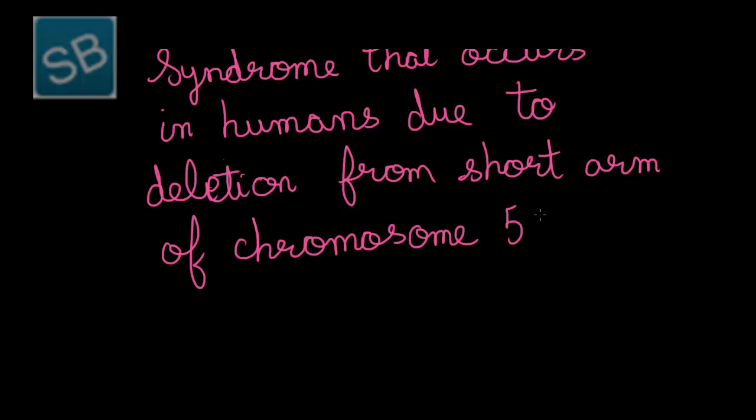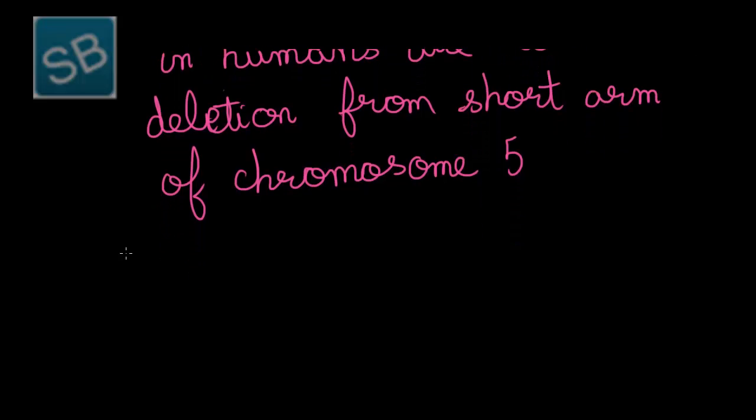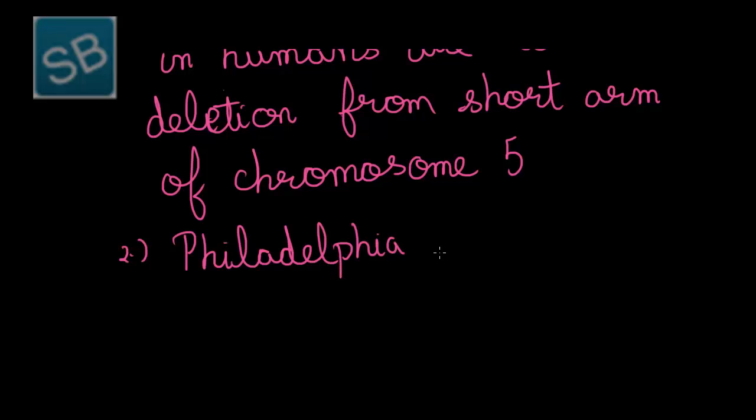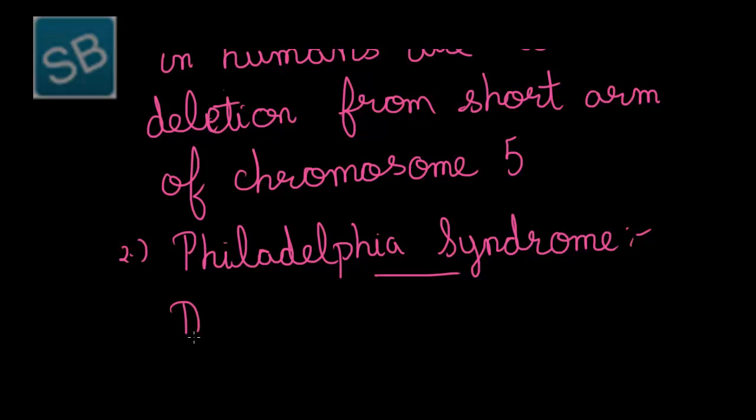That is, we can say that the deletion occurs from the autosomes. Following it, similarly, another type of syndrome or disease that occurs is Philadelphia syndrome. This type of syndrome occurs due to the deletion of the long arm of chromosome number 22.